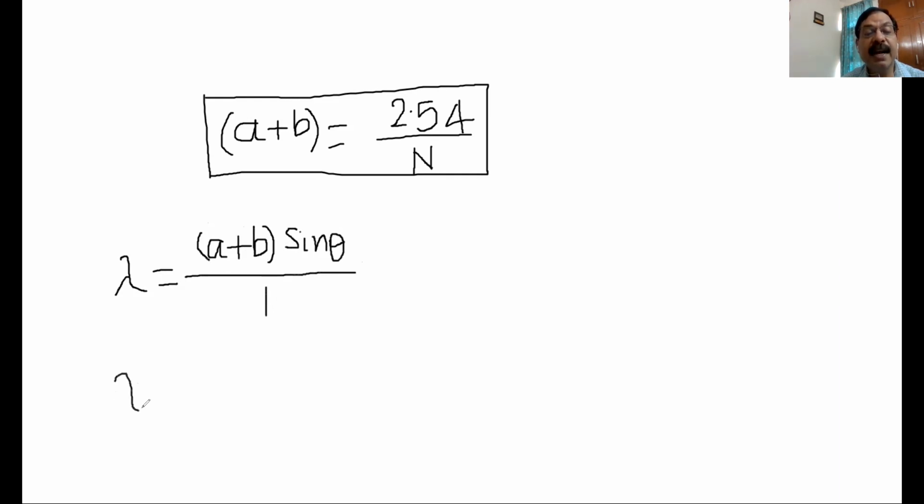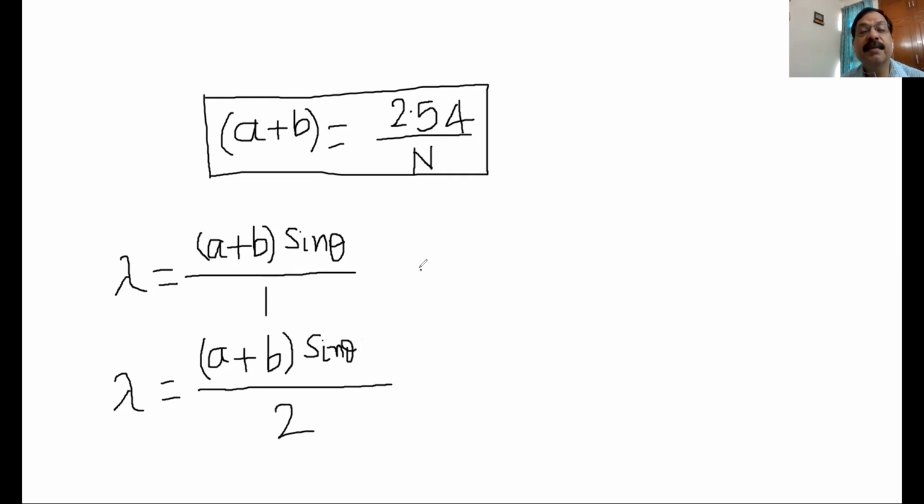And for the second order, you will use this formula: lambda is equal to (A plus B) into sine theta divided by 2.